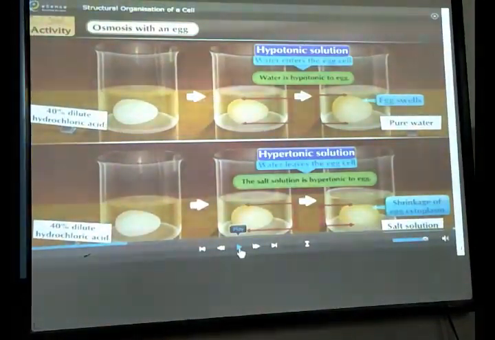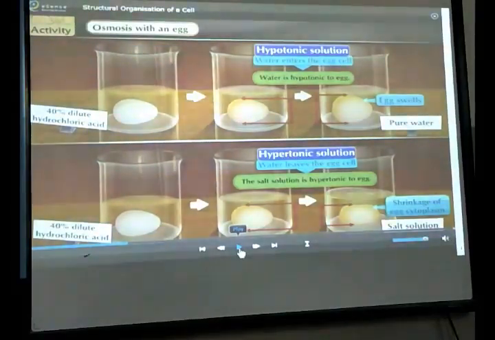So see, through osmosis with an egg, the process through this hypotonic solution, water enters the egg cell. Because the water is hypotonic to the egg and enters inside, the egg is going to swell.